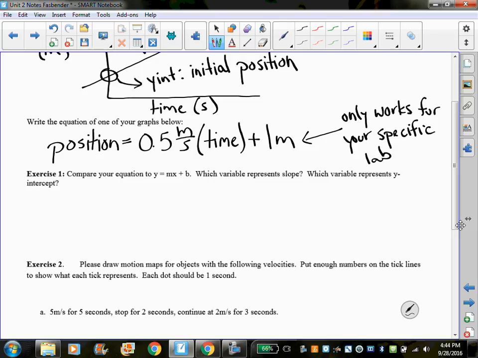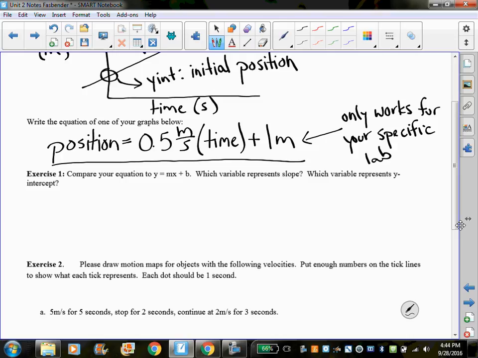As long as we have a car that moves at 0.5 meters per second, and as long as we start that car at 1 meter on our number line, then we could make predictions about the position of that car at any future time, which is great. That's what we want to be able to do. But what if we don't start it at an initial position of 1 meter? Well, then this equation, as it's written right now, no longer works.